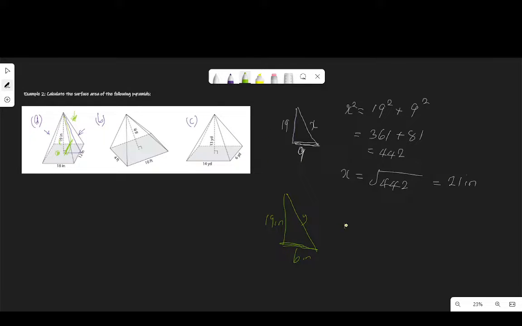Again apply Pythagoras. y squared is 19 squared plus 6 squared, which is 361 plus 36. 361 plus 36 is 397. And y is the square root of 397.